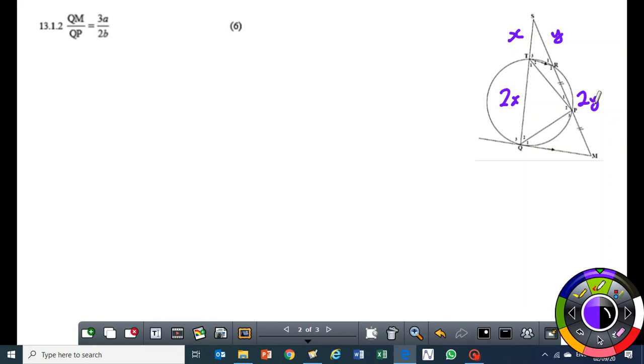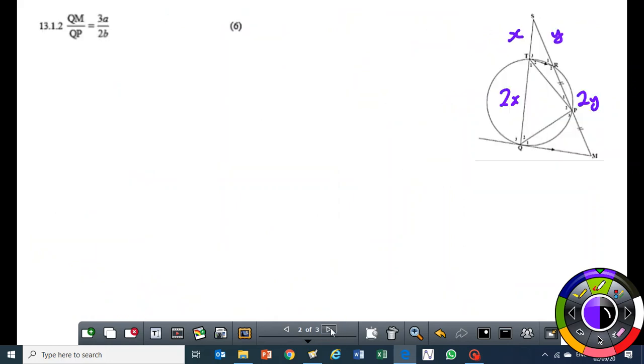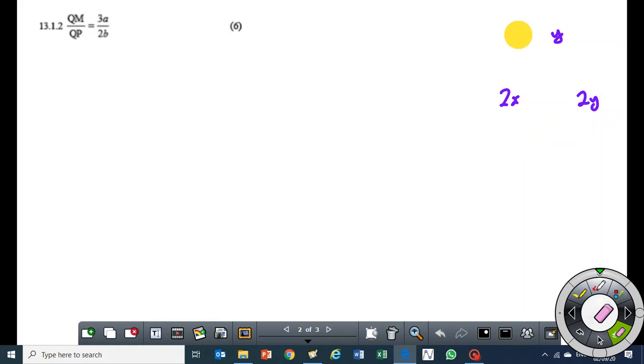Okay, using ratios, right? Using ratios. So let me write now my equations or statements. And I'm also given ST is equal to A. Okay, now because ST is equal to A, I'm going to change this from X to A. Okay, because ST is given as A. So I can change that.